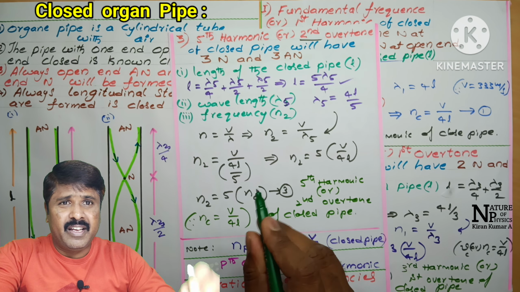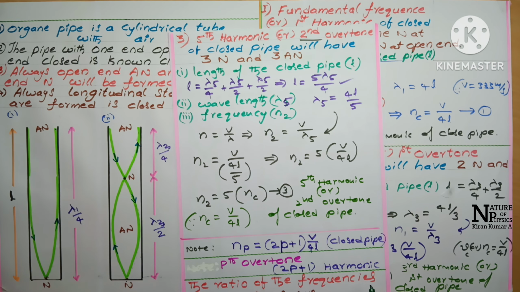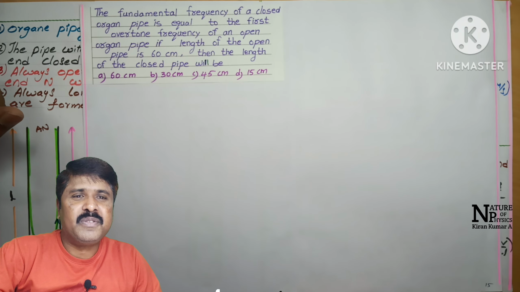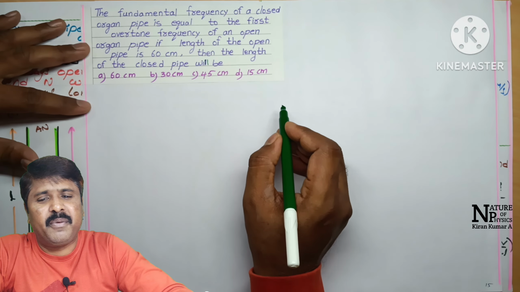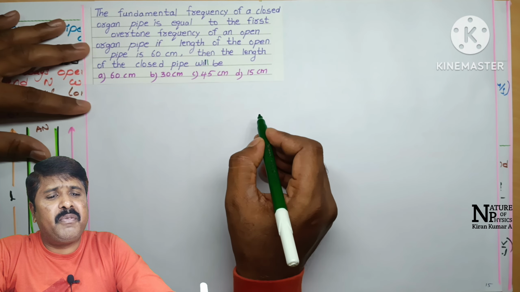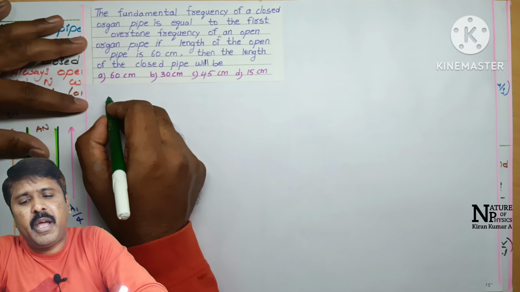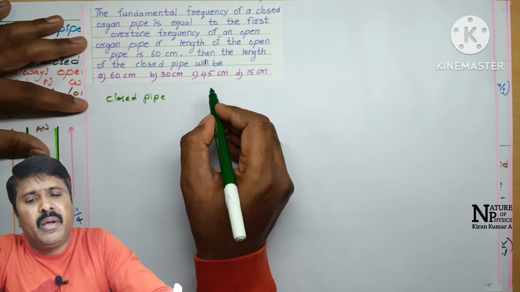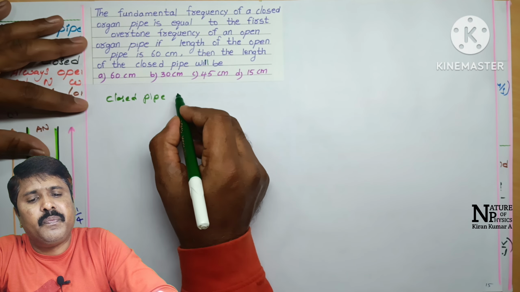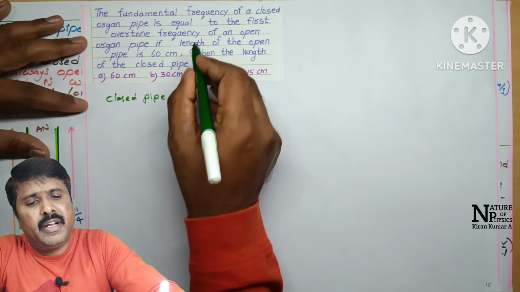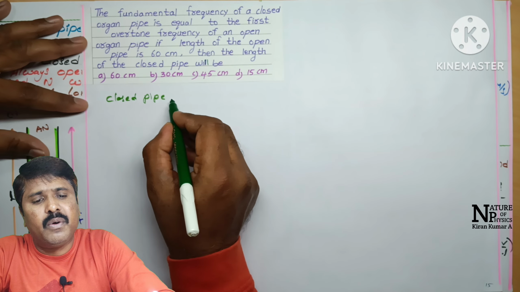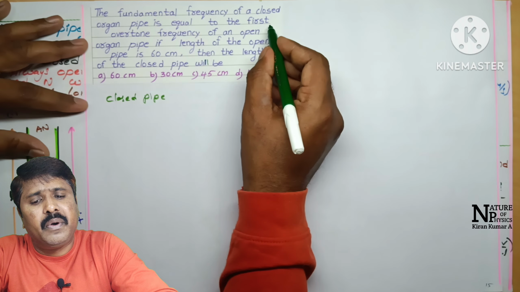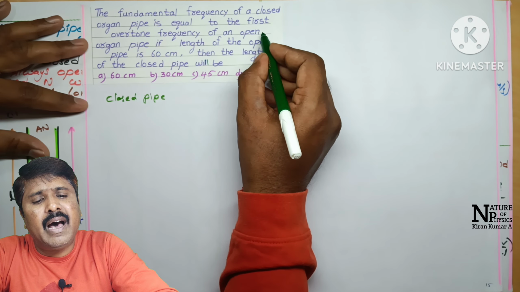The end correction video link I will provide in the description. So we have problems based on the open pipe and also the closed pipe, student. Remember. First problem: the fundamental frequency of a closed organ pipe is equal to the first overtone frequency of an open organ pipe.